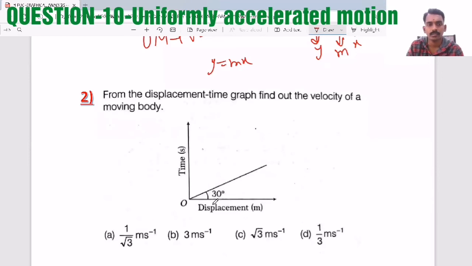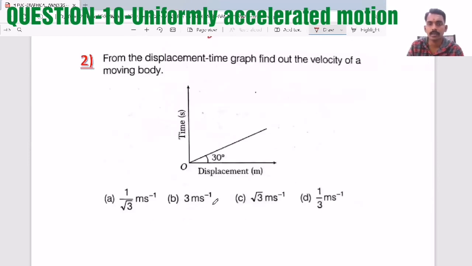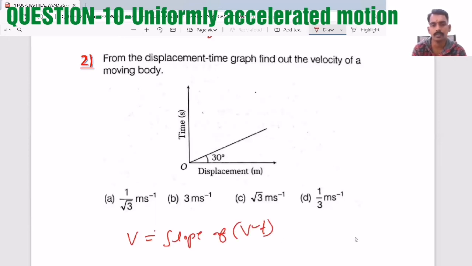Now, from the displacement-time graph, find the velocity of a moving body. So how can you get velocity from the displacement versus time graph? Velocity equals the slope of the S-t graph.